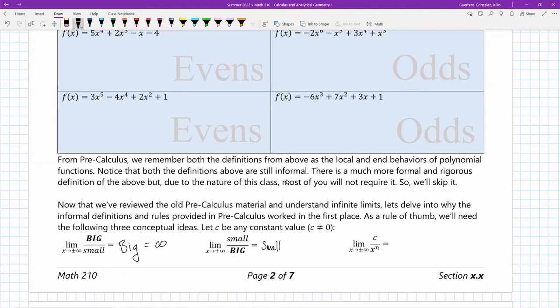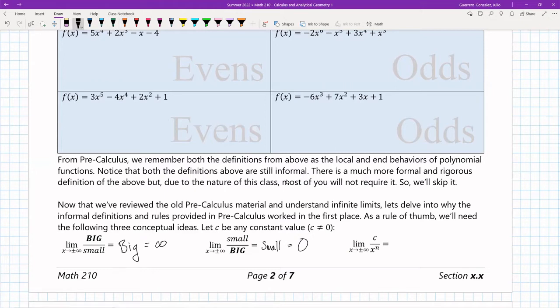And when this happens, this tends to go to 0, okay? These two that I just did aren't in the book, but they encapsulate the idea that you should be having when you're doing these kinds of problems, right?